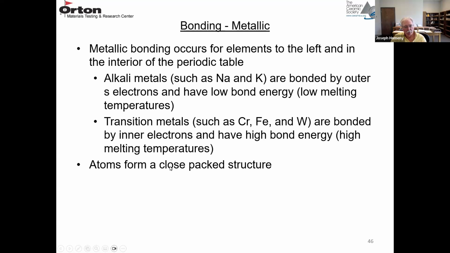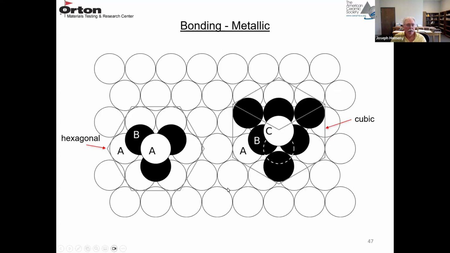So the atoms are going to form these close packed structures, pretty simple close packed structures. And there's really two types here, a hexagonal structure and a cubic structure. So the open circles are close packed atoms. So that would be one layer. We'll call it the A layer. And then the next layer would be the B layer.